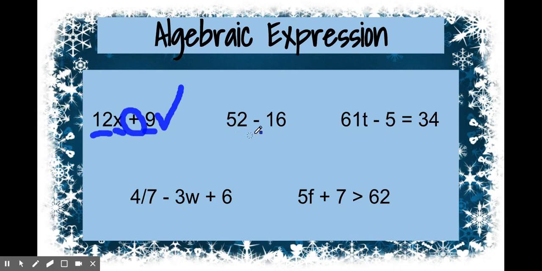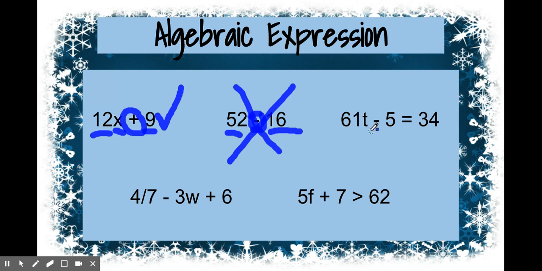Here, when I look at 52 minus 16, I have two numbers and I have an operation. I do not have a variable, which means this is not an algebraic expression. This is a numerical expression.